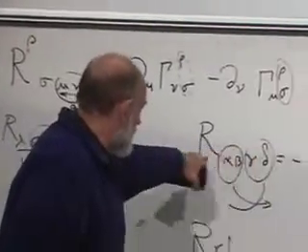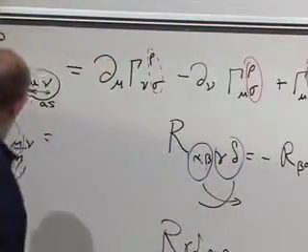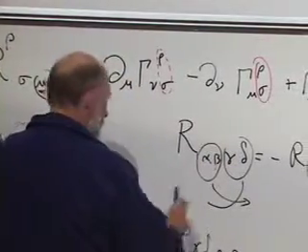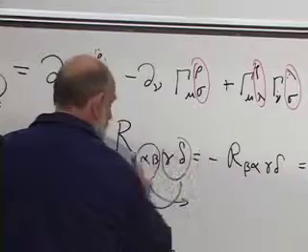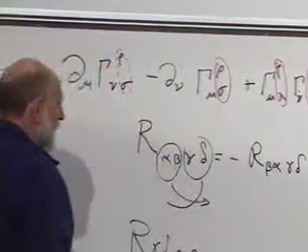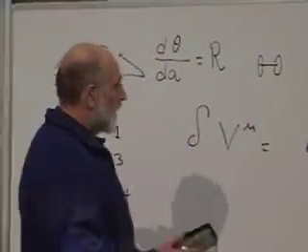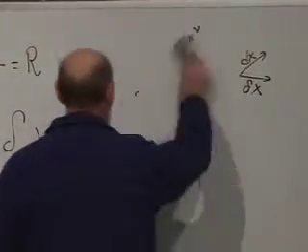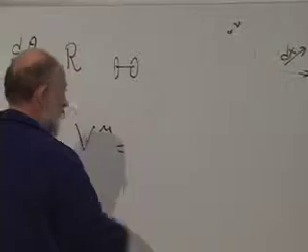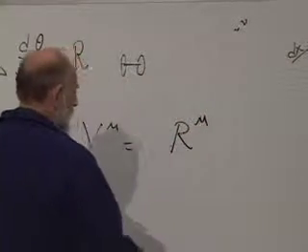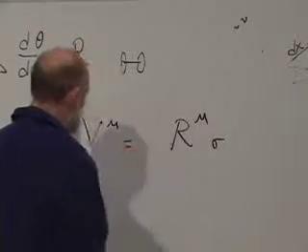I think that's consistent with this, isn't it? Let's see. Antisymmetric with respect to these two, yes. Antisymmetric with respect to these two, yes. And symmetric with respect to moving them in pairs. That's correct. And somehow what I wrote down here originally was incorrect, so let me correct it. It should be R with a mu. Let's call it sigma.